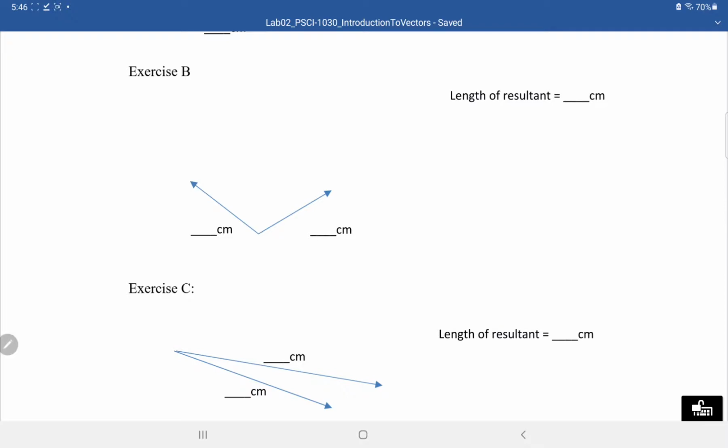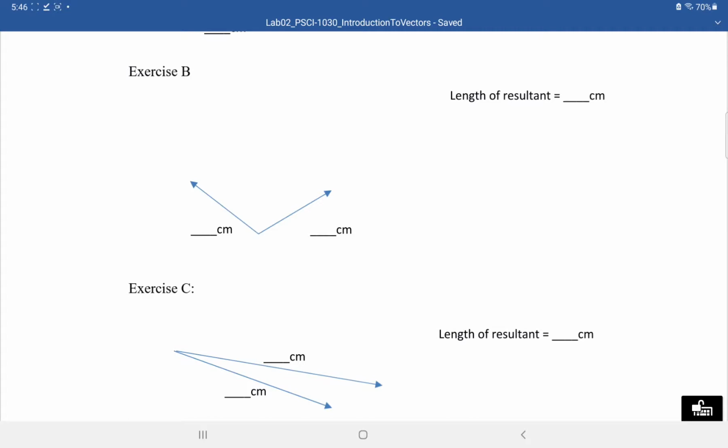For example, in exercise A, these two vectors are given. Give them names, measure them, then complete the parallelogram as I did before. Add them together by using the parallelogram law of vector addition.